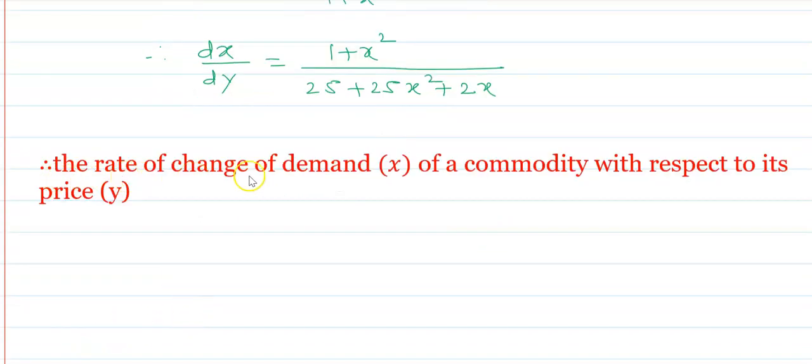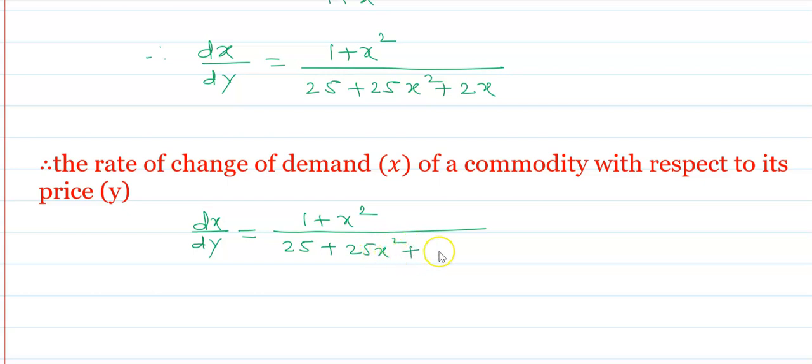Therefore, the rate of change of demand x of the commodity with respect to its price, dx upon dy, is equal to 1 plus x square upon 25 plus 25x square plus 2x.